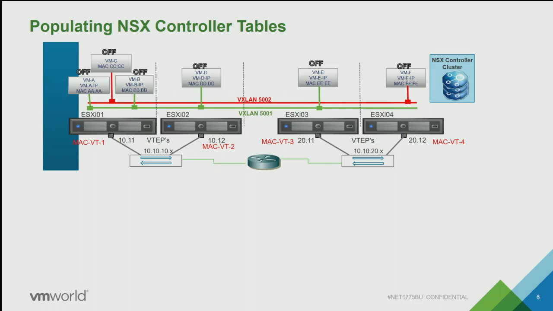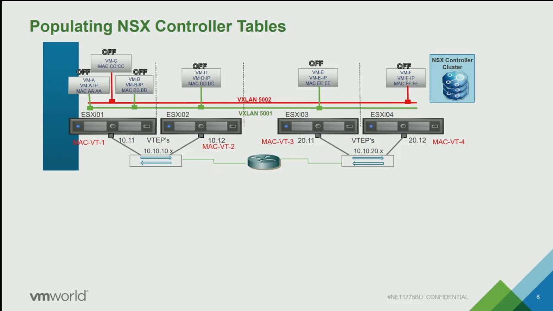We're not showing management networks or anything, just to keep the picture clean. On the left-hand side you'll see host 1 and 2 connected to a physical switch, and these VTEPs on the left side are on the 10.10.10 subnet. So for host 1, the VTEP's IP will be 10.10.10.11. For host 2, the VTEP IP will be 10.10.10.12.